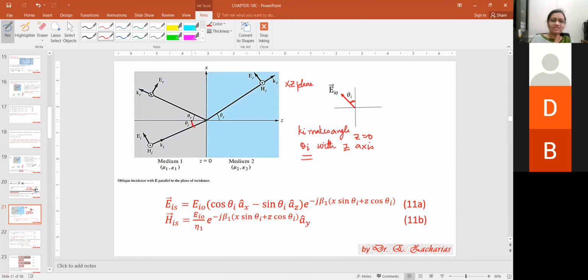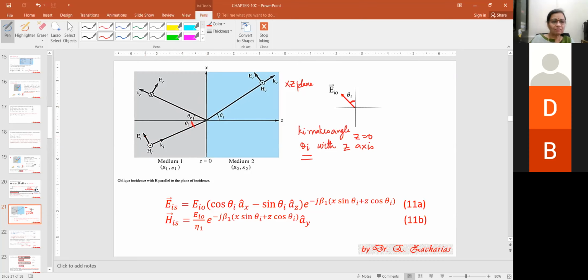Look, this theta i, is this clear to you? You are understanding that this is a normal to the K vector. The K vector is making an angle theta i with this normal. Now take the perpendicular to the Z axis. The Z axis is here, and the perpendicular to the Z axis will be the X axis. Now take a perpendicular to the K vector.